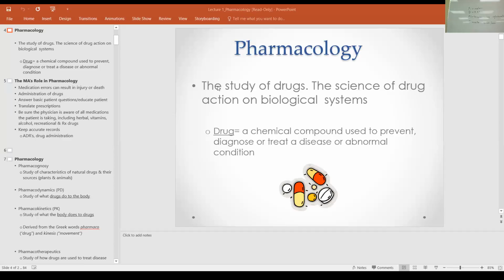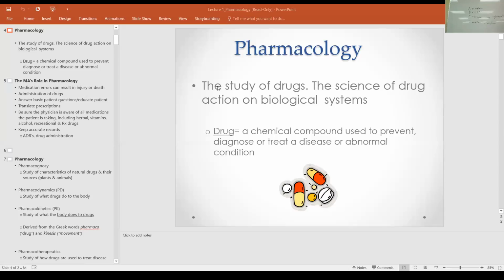Tetracycline taken along with an acid reducer like Protonix or omeprazole or one of those will deactivate the tetracycline because it won't absorb. Well, you're supposed to have an acid. Just take it with food, but not with an acid reducer. So, interesting. There's a lot of different kinds of these interactions.